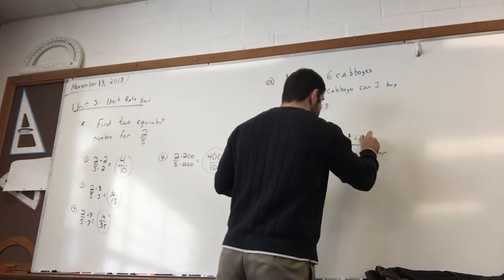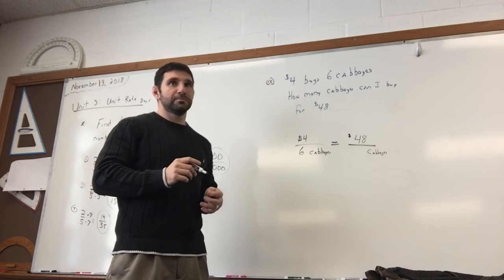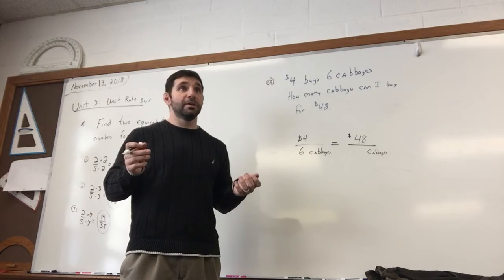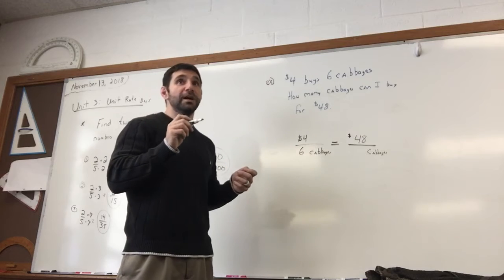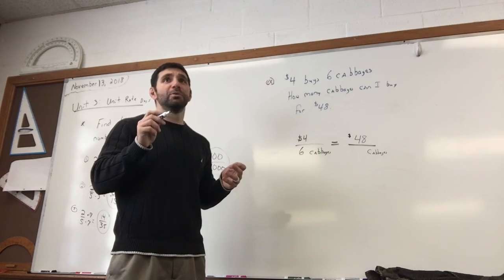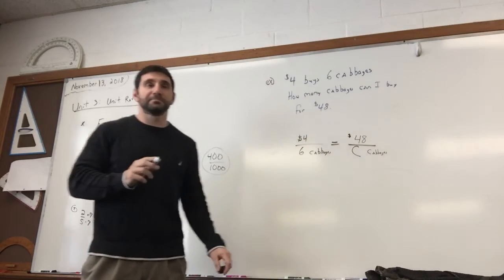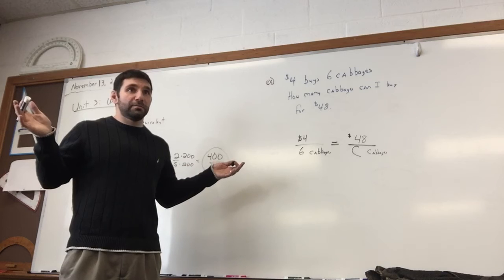So we put the money there. What are we going to put where the cabbages are? Do we know how many cabbages? No. What do we put in the place of something that we don't know? Cooper? A variable. Variable. So let's call it C.